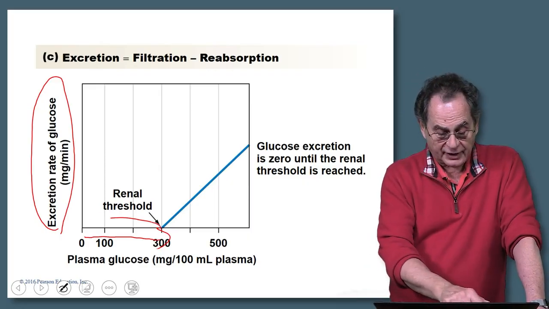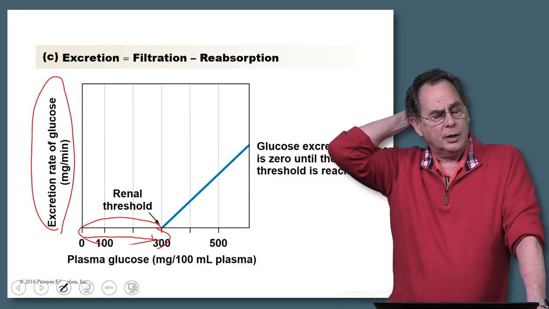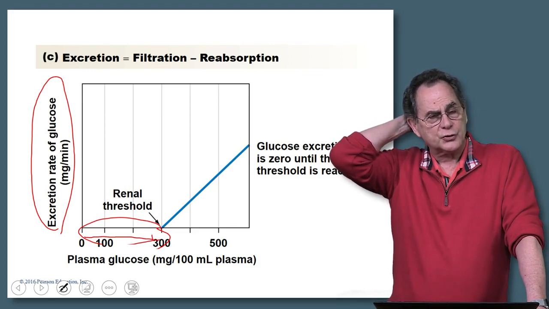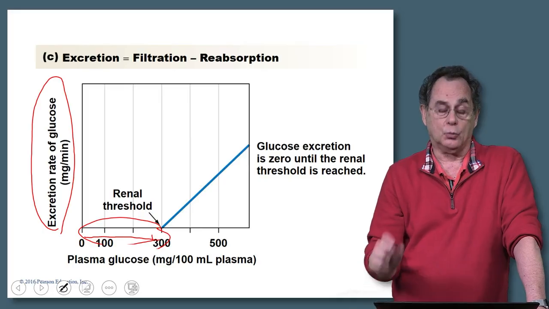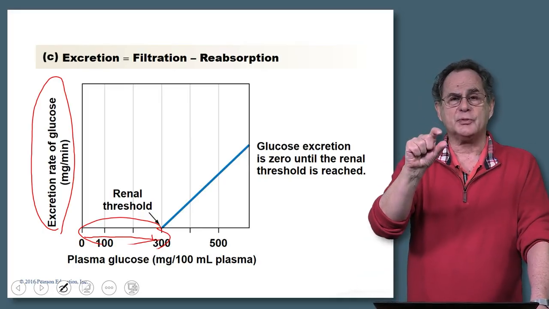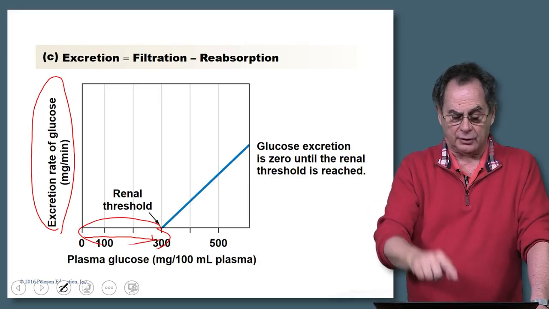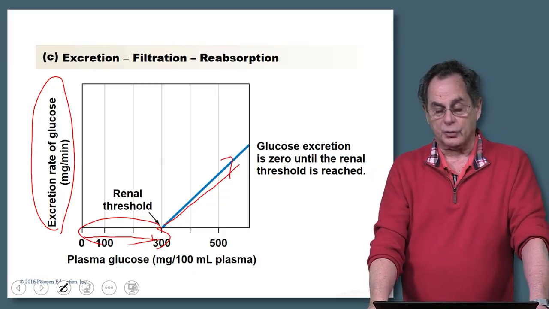And that's because the kidney in this range is able to reabsorb glucose in co-transport with the sodium. But after this threshold is reached, in which the transport maximum is exceeded, there's a progressive increase in glucose excretion.